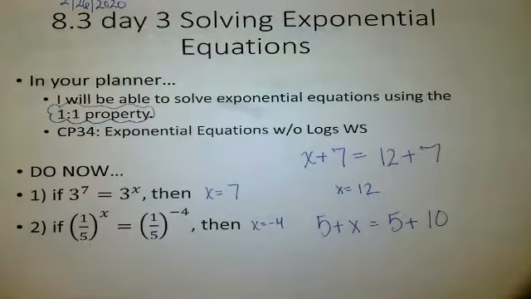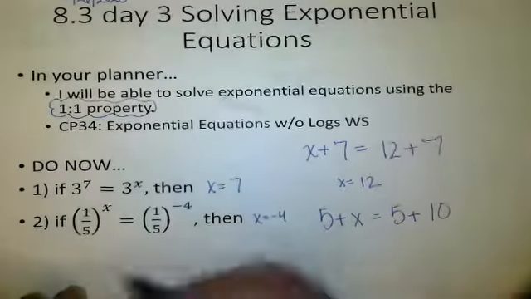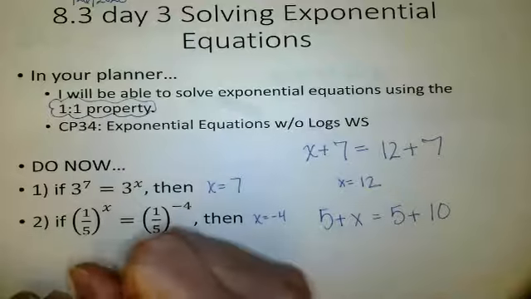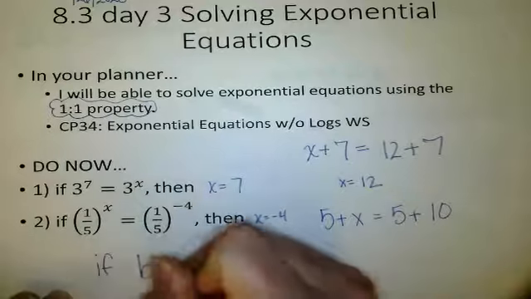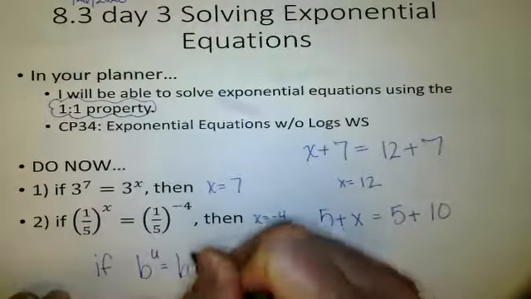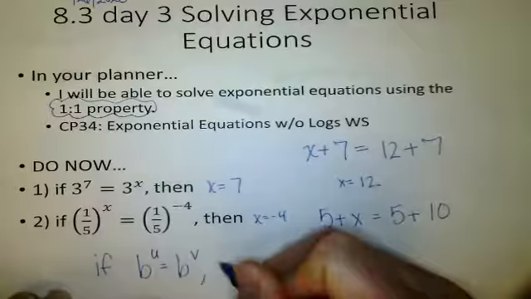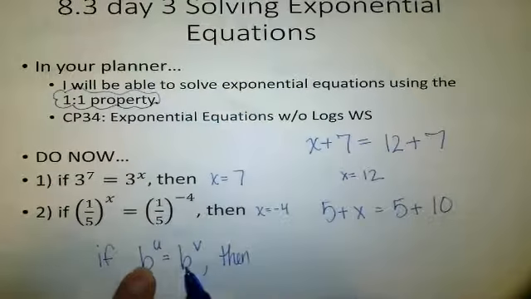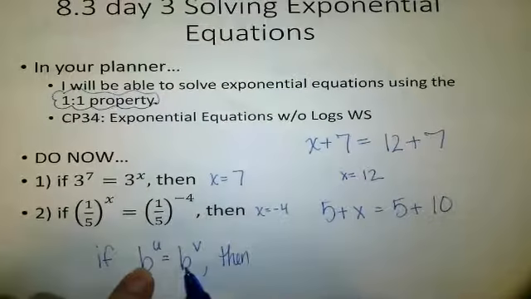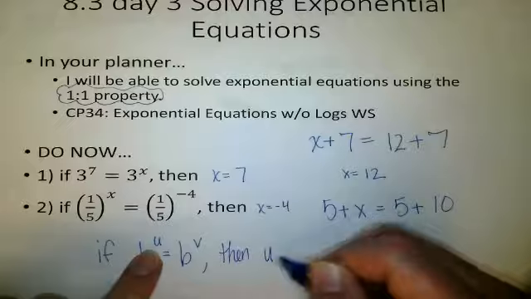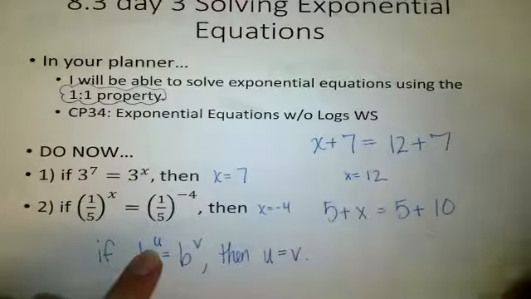All right? Here is the property. Write this down. If b to the u equals b to the v, which says if the bases match, then u must equal v.